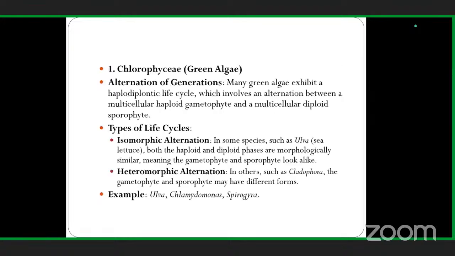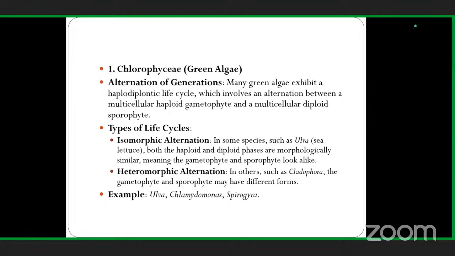So we'll study that. In Chlorophyceae, the green algae, many green algae exhibit a haplodiplontic life cycle, which involves an alternation between a multicellular haploid gametophyte and a multicellular diploid sporophyte. So in Chlorophyceae, the green algae, the haplodiplontic life cycle means both phases are equally dominant.